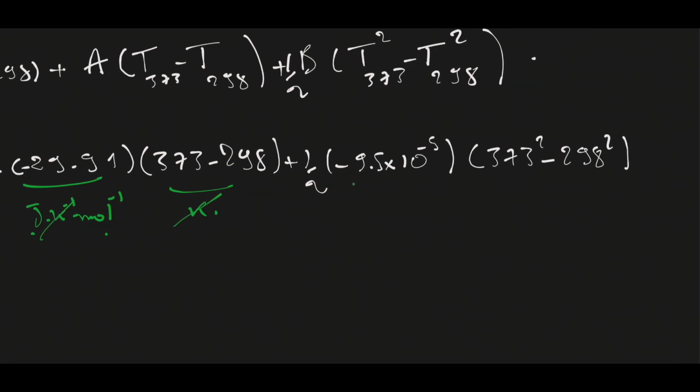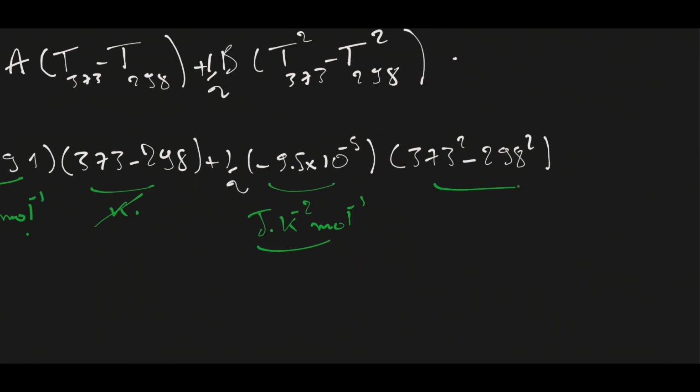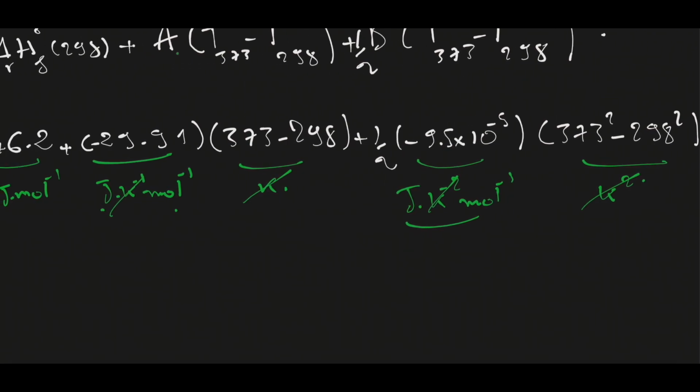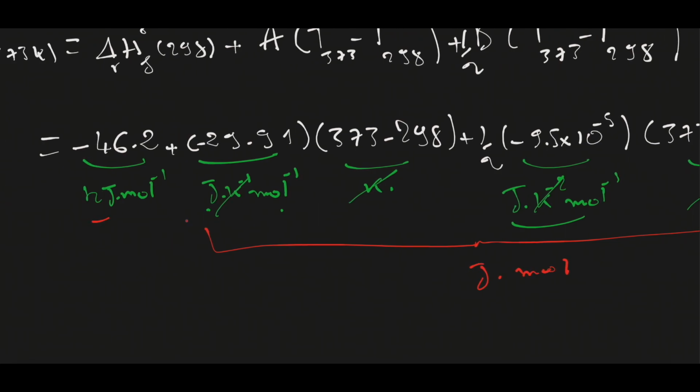So the Cp is in joule Kelvin minus 2 mole minus 1, because here it is the slope, that's why it is Kelvin minus 2, and here it is in Kelvin squared. So the unit for the second part of the slope is given in joule per mole, and here it is in kilojoule.